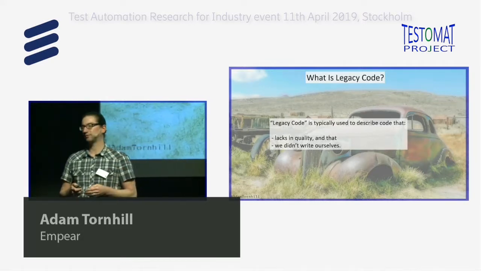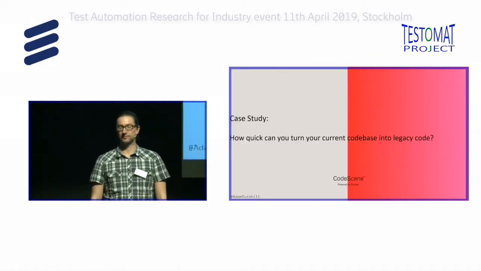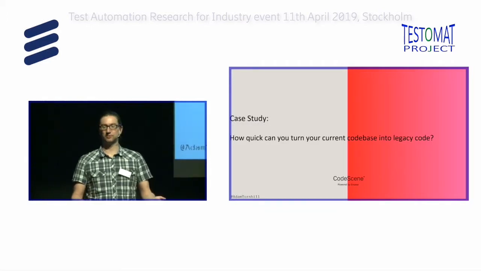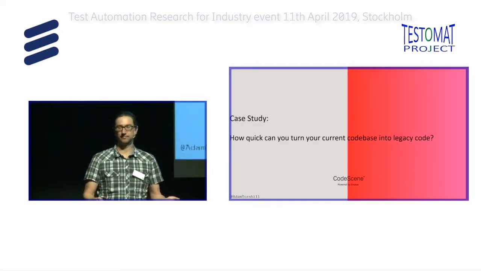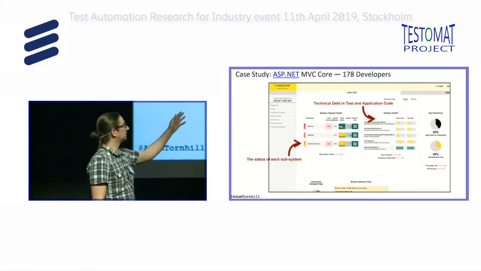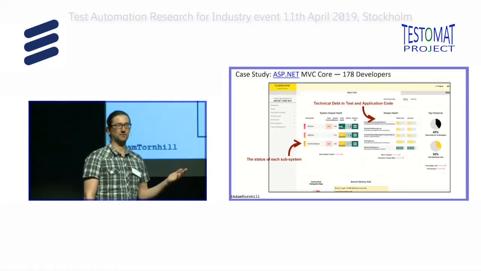But we don't have to take drastic measures like outsourcing in order to create legacy code. And that's what I want to give you an example on now. How quickly can we turn a code base into legacy code? Let's look at an example. This is an analysis in CodeScene of a code base called ASP.NET MVC Core.